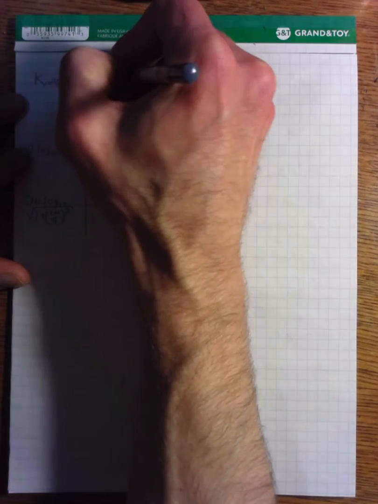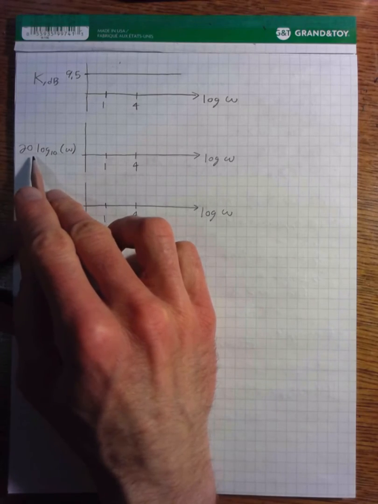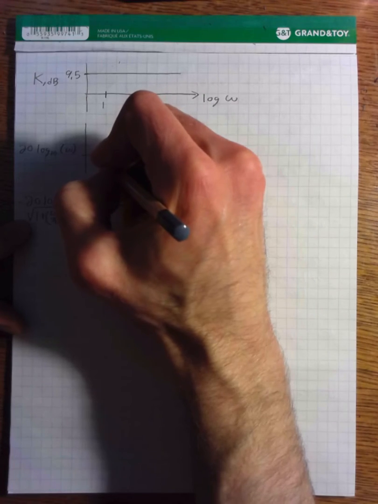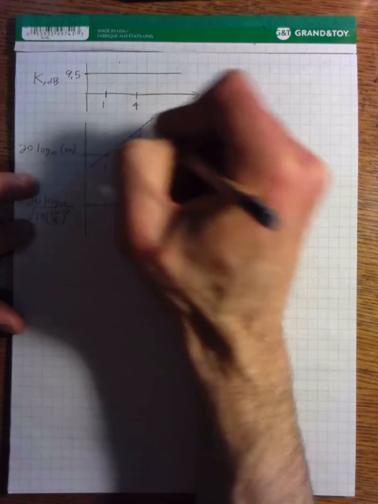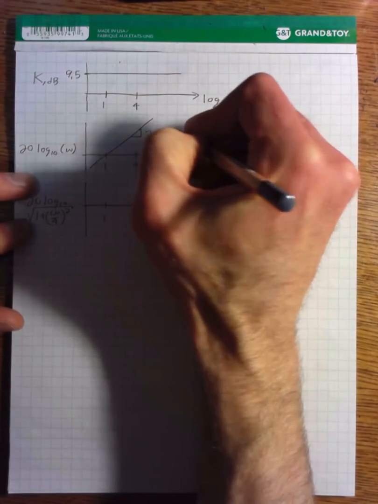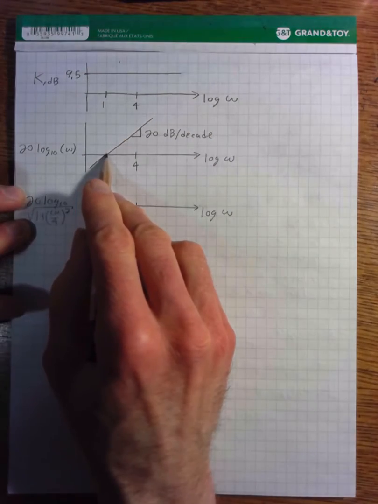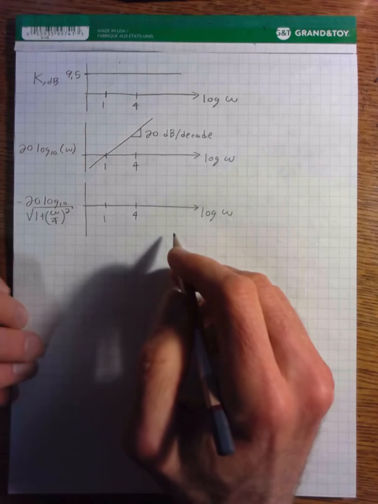And of course, this is just a real number that is not a function of frequency, so it's a flat line. The simple 0 at the origin is a straight line with a slope of 20 dB per decade. That zero crossing occurs at 1 hertz when we're plotting versus the log of omega.